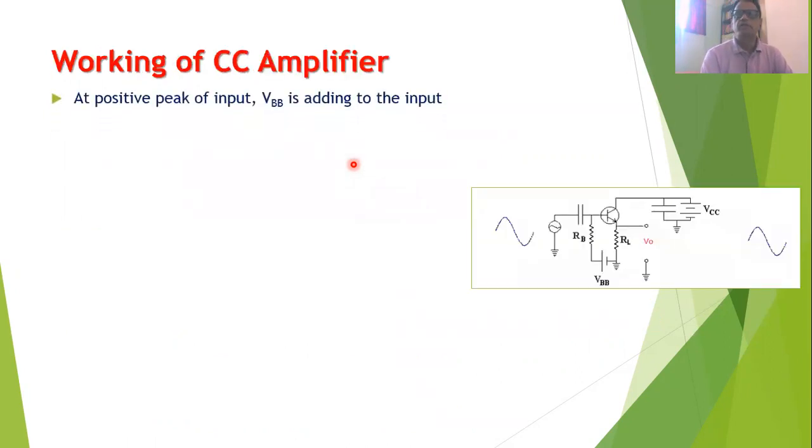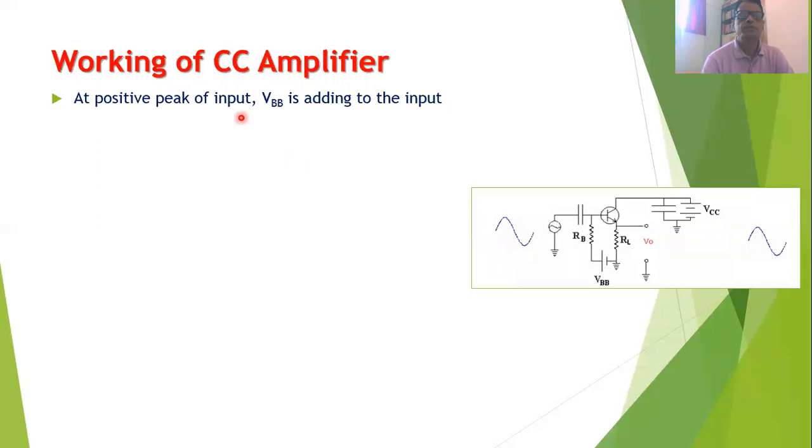Now let us understand the working of the CC amplifier. Initially, we will arrange the resistance RB, resistance RL, battery VBB, and battery VCC in such a way that the Q point of the transistor will be at the center of the DC load line. And then we will apply the positive half cycle of the input AC signal.